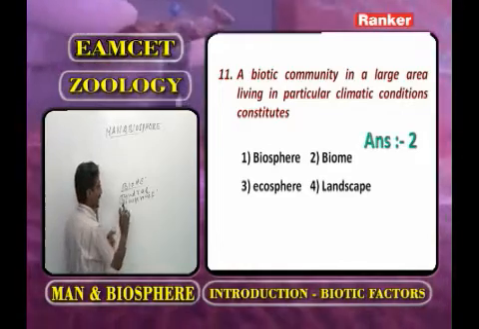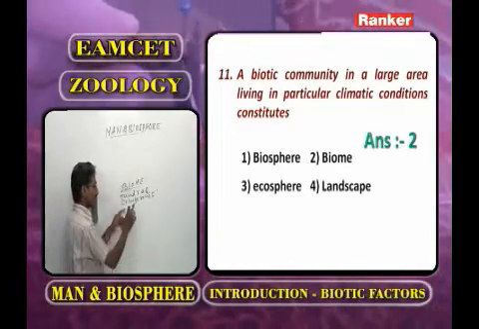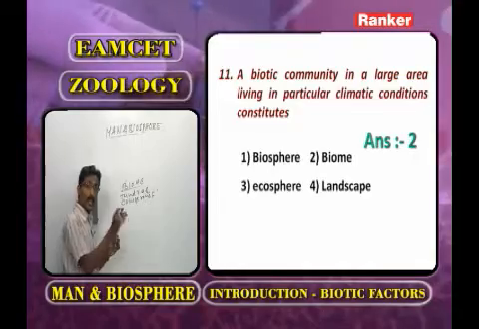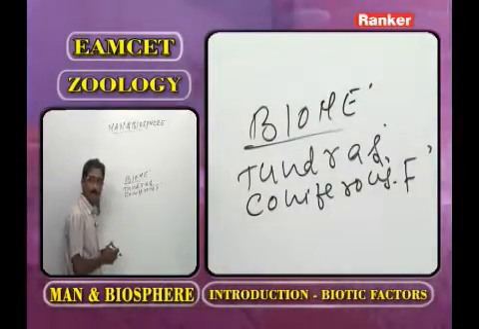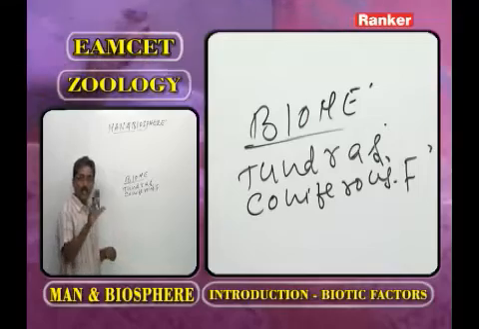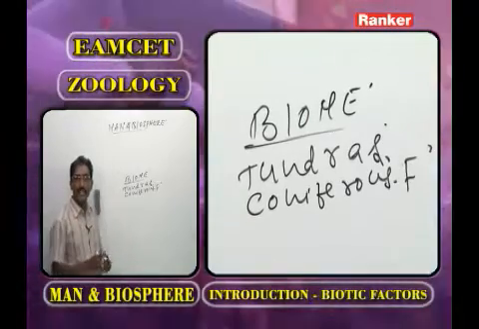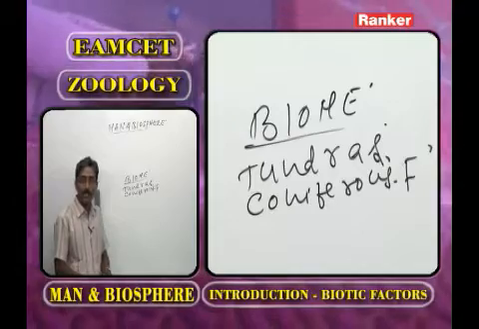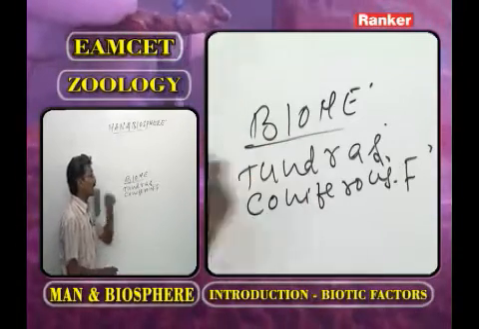Now, it is an area. In this area, what type of plants are dominant? Coniferous. Now, how is the biome named? Biome is an area in which a certain type of organisms are dominant. Based on that, it is named.